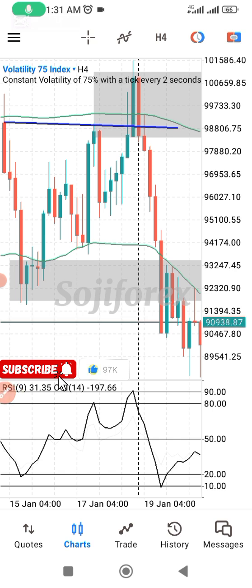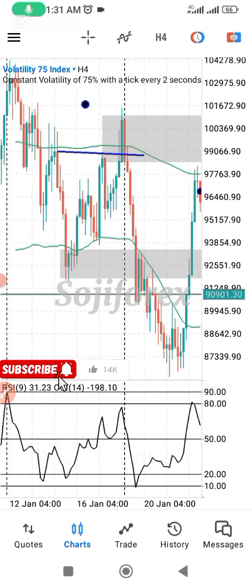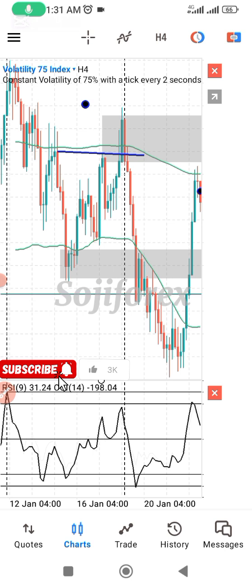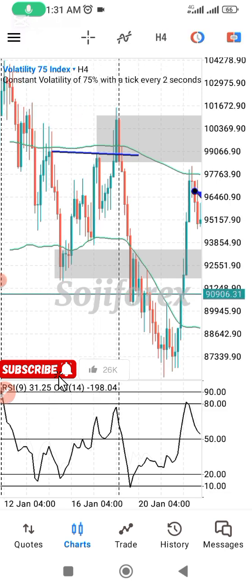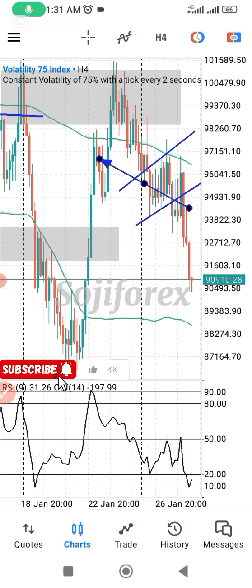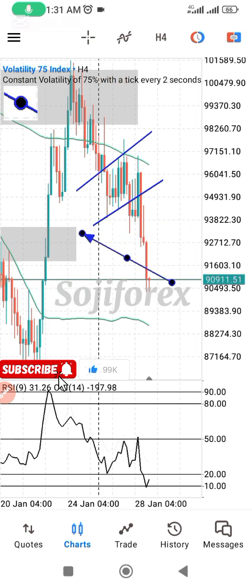Do not anticipate reversal. I repeat again, as a trader, avoid reversal anticipation. You are not the market maker. Do not think of when price will reverse. Rather, focus on what you are seeing. So you can see how that plays out beautifully well, and price keeps pulling to the downside.